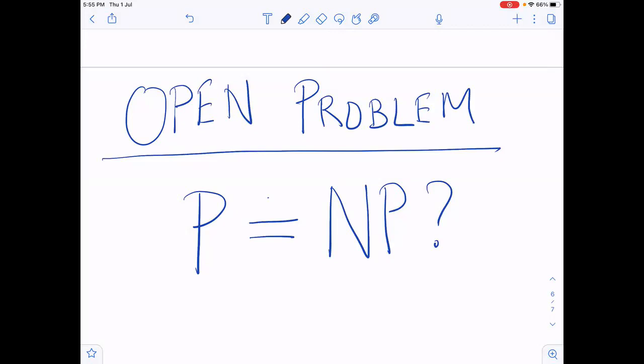Now I must say here that although we don't know whether P is equal to NP or P is not equal to NP, actually we know quite a lot about these classes. Some of it we'll learn in the next class, and that will help us to design algorithms. That's why we are talking about it in this class.